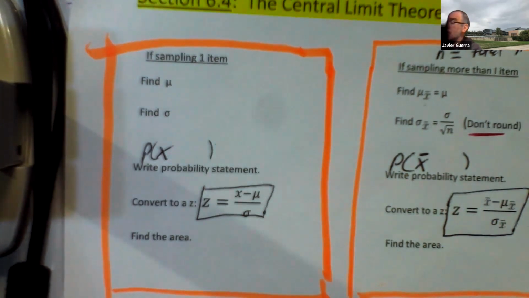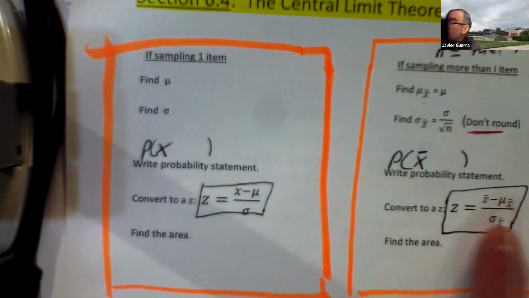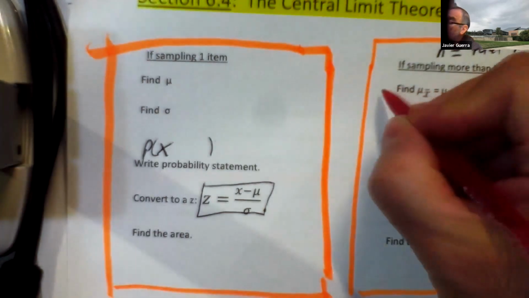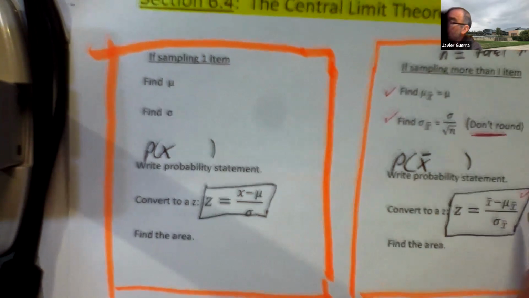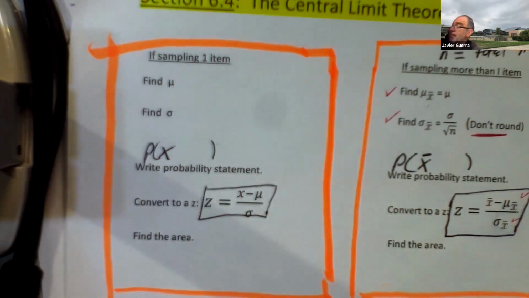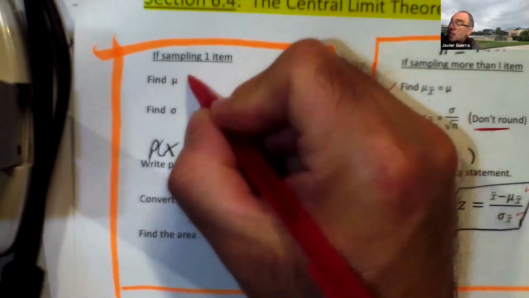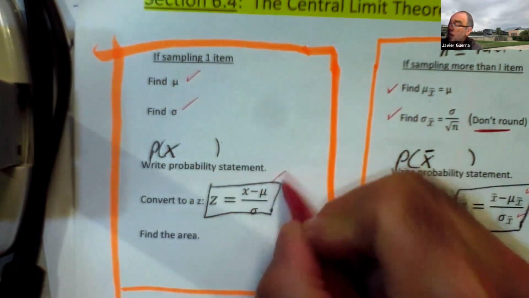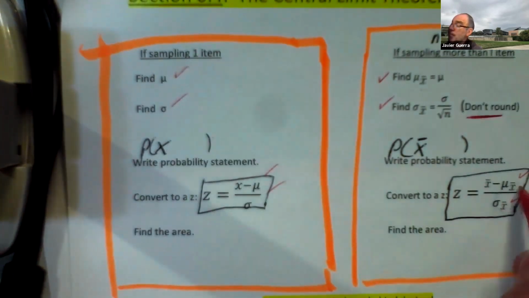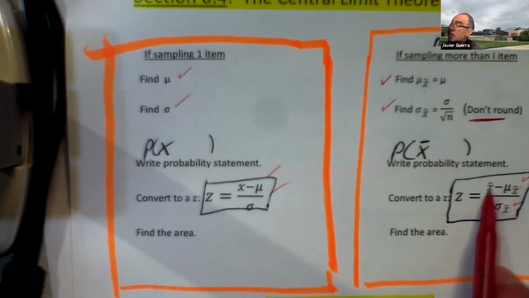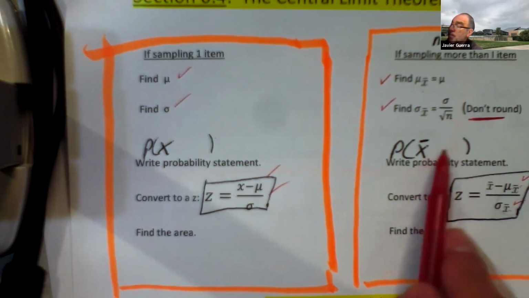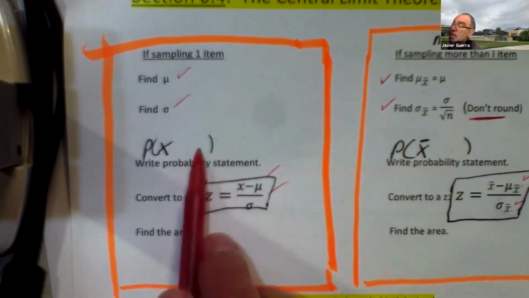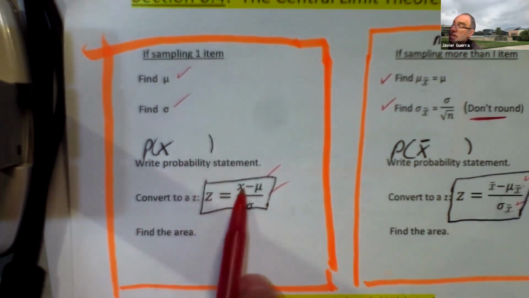I'll show you in a minute how it's the same. When you plug them in, just like this one, you use the mu and the sigma there and there. This number that goes there will be the number connected with the X bar. Remember, the X was the number connected with that, right? That's where that number goes.